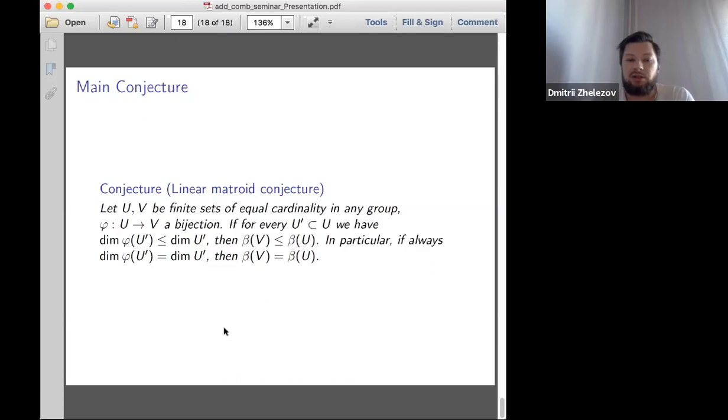And the conjecture that we call the linear matroid conjecture says that, in fact, this quantity beta is a very coarse invariant of the set. So if you take all the subsets of your set and look at the dimensions, this is actually what really matters.